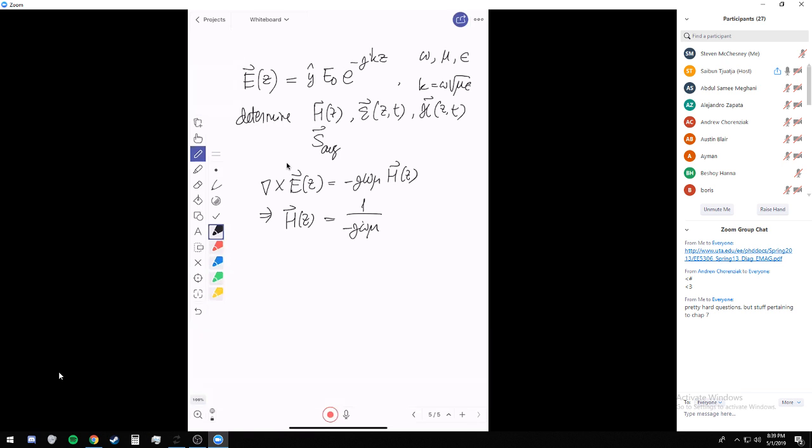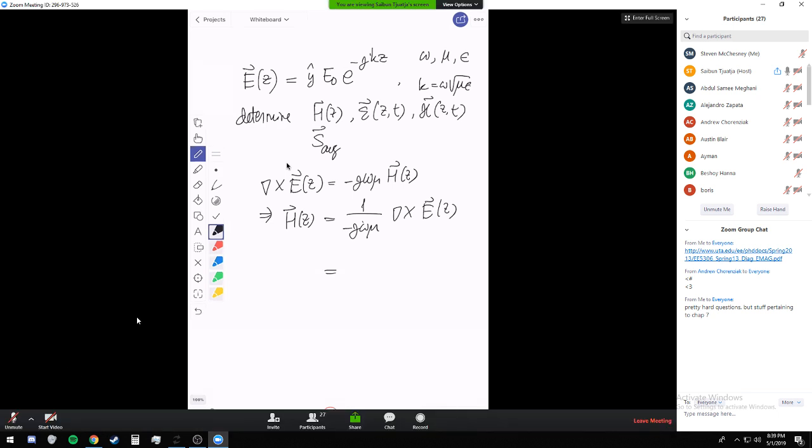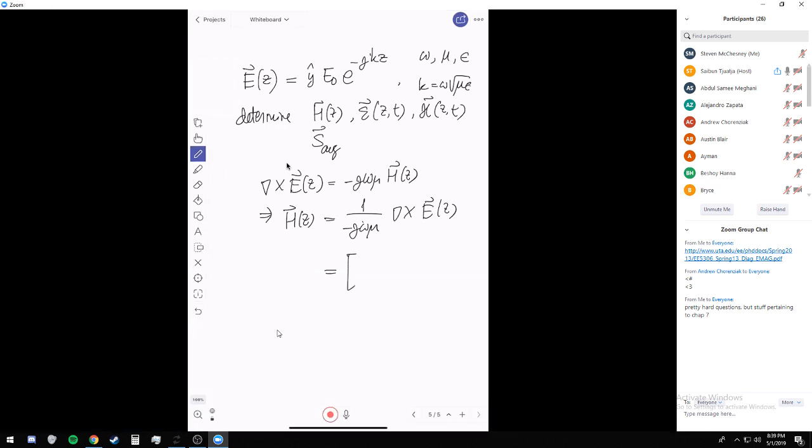I give you omega and mu. So how do I solve for the curl? In the rectangular coordinate system, this term is constant. If you know mu and omega, this is constant. This 1 over negative j is simply j.